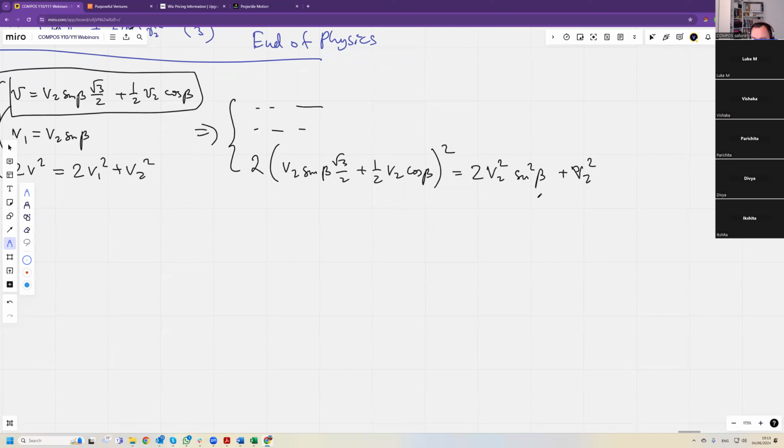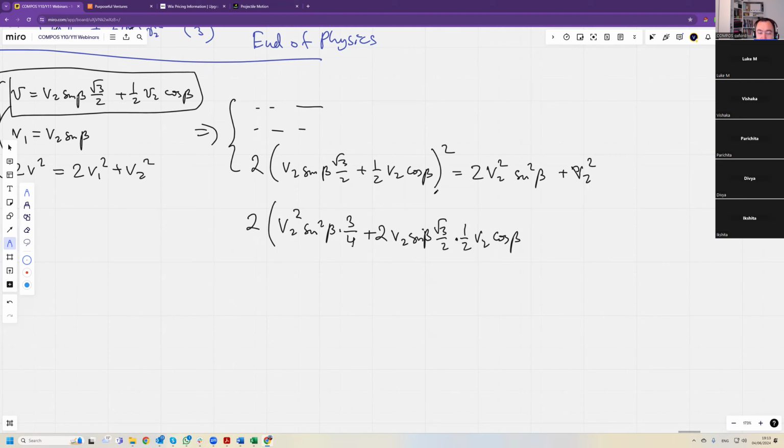So I'm going to expand. It's going to be 2 v2 squared sine squared beta 3 over 4 plus 2 v2 sine beta square root of 3 over 2 multiplied by 1/2 v2 cos beta.